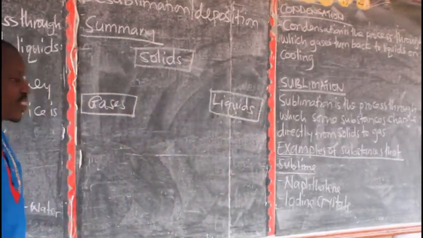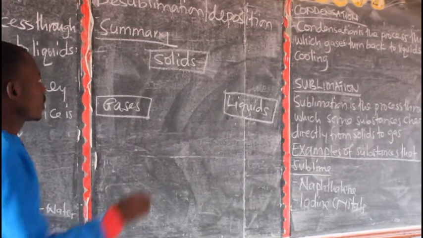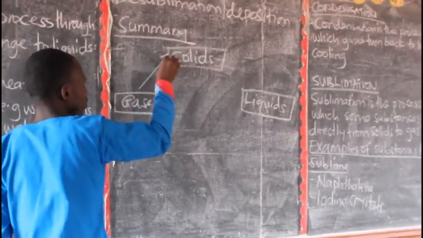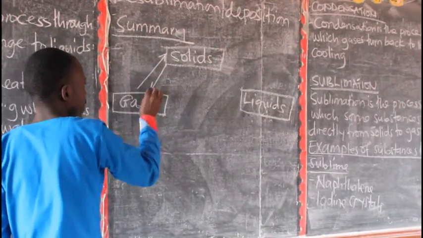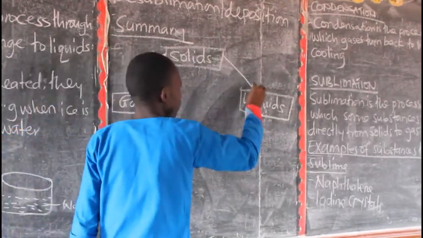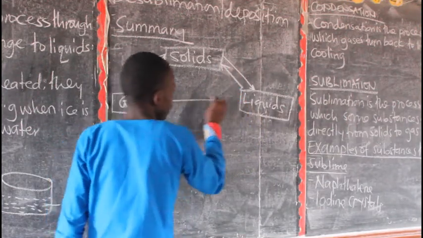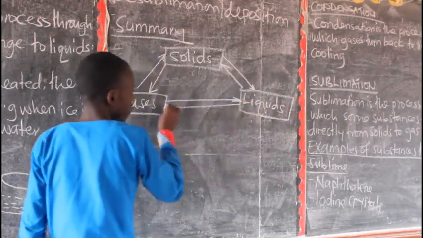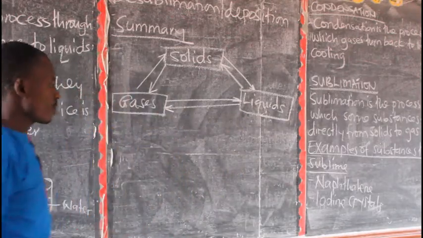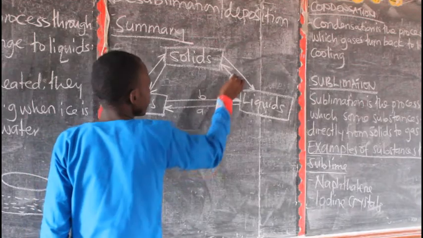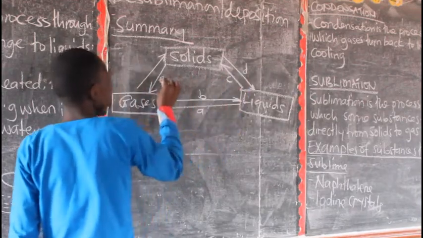So those are our three states of matter. Then we have these changes of state, which we can label A, B, C, D, E, F.